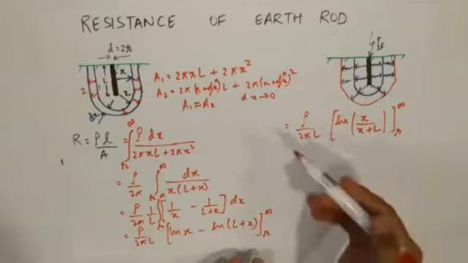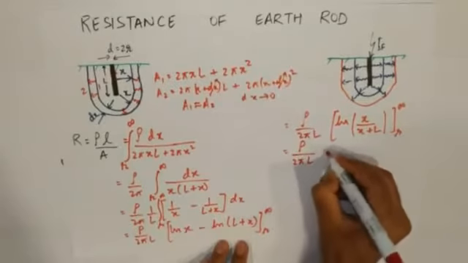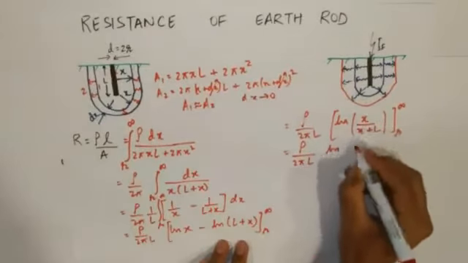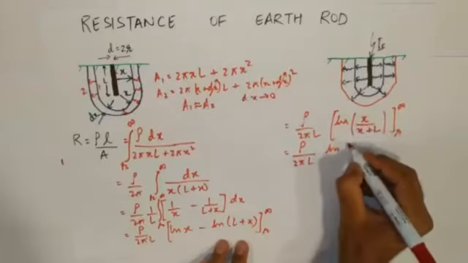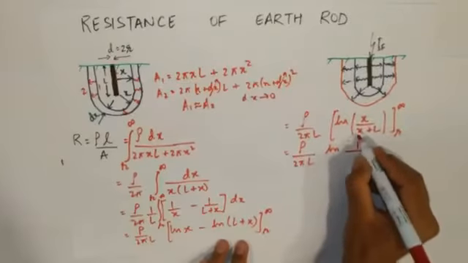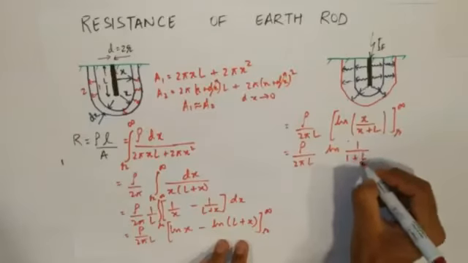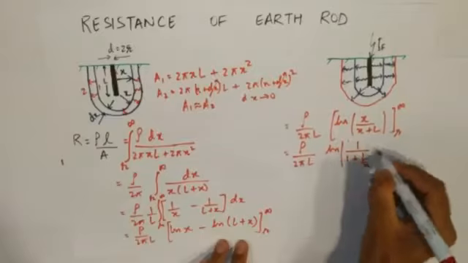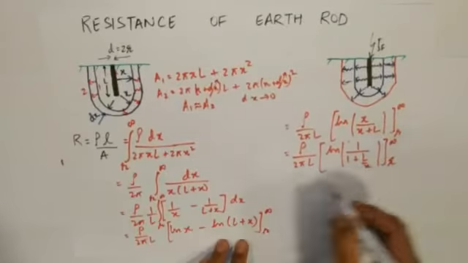So what we will do to avoid this situation, we will divide both numerator and denominator inside this function by x. So if you divide numerator, x by x will become 1, and in this x by x is 1 plus L by x. Now if we put the limit, it will be much easier.